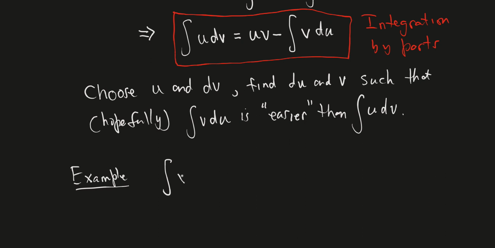And a simple one is something like x times e to the x, right? If you look at our basic antiderivative rules, there is no rule for what to do when you have x times e to the x.